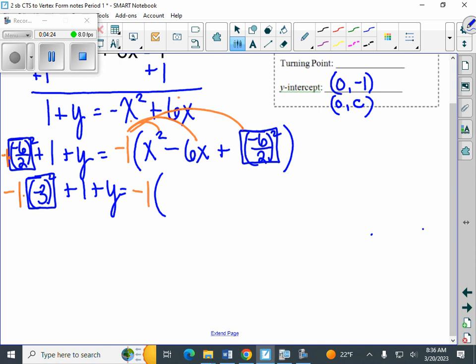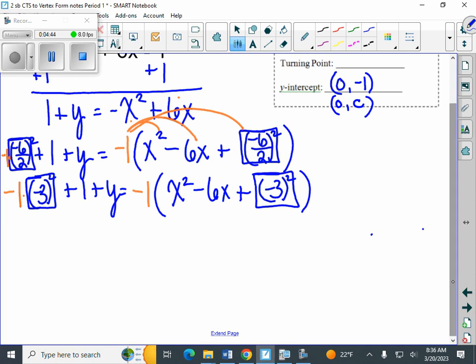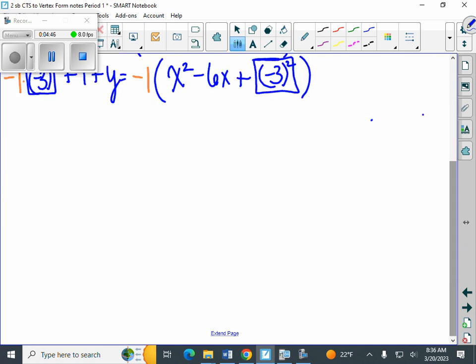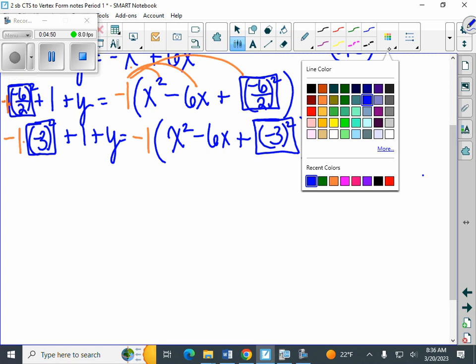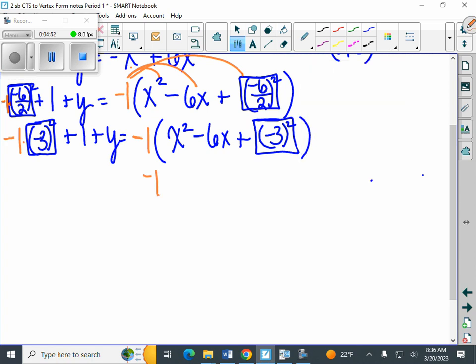And in our parentheses, we're going to have the x squared minus the 6x plus our box of negative 3 squared, negative 6 divided by 2. We created a perfect square trinomial. So we're going to factor over here.